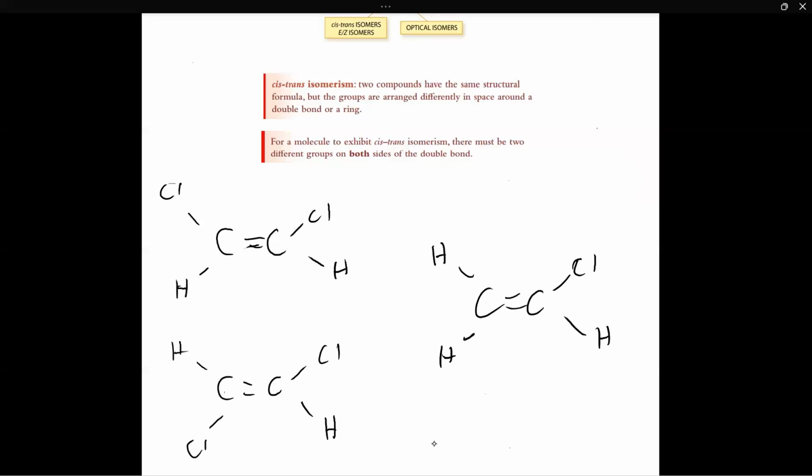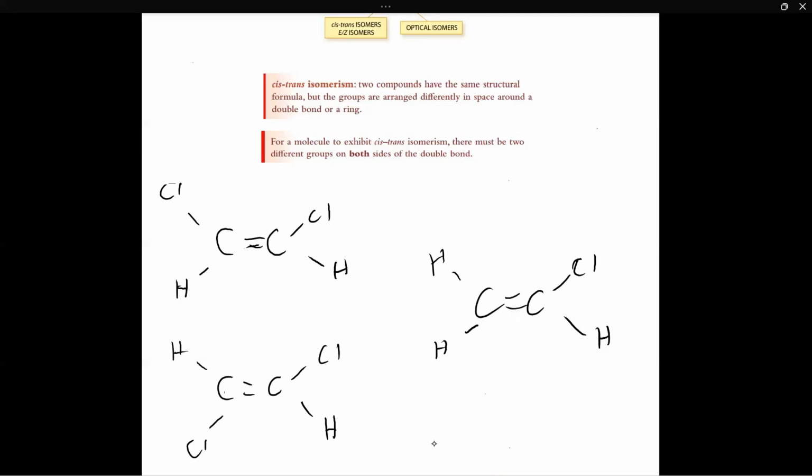Cis-trans isomerism is based on the fact that there are two different groups on either side, and that these two different groups are either on the same side or different sides. So in this case, if I rotate this carbon, it doesn't really make a difference, right? Either way, hydrogen will be present on both sides. So cis-trans isomerism cannot exist.